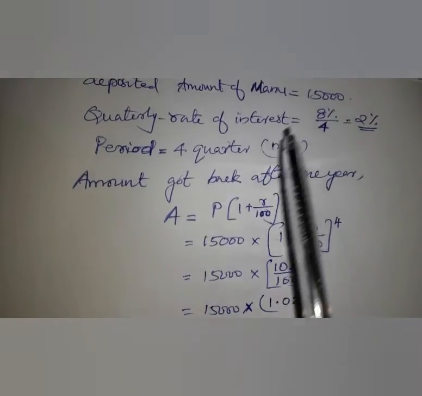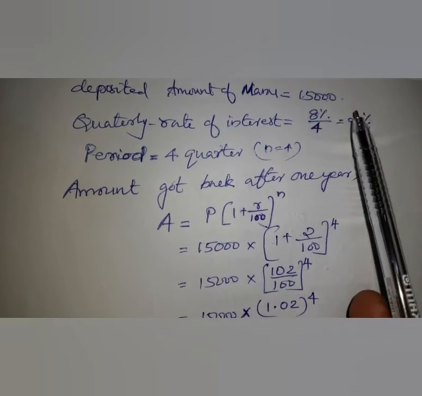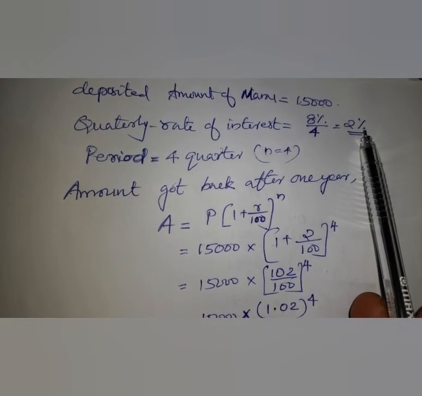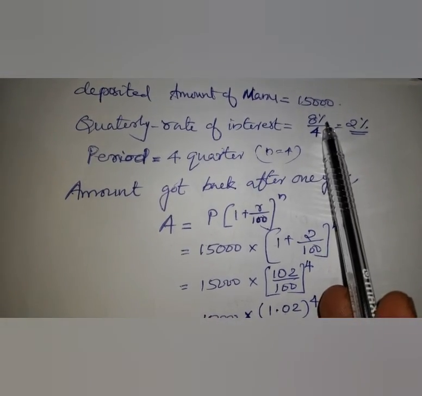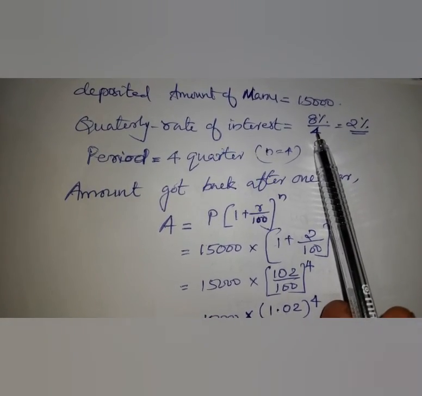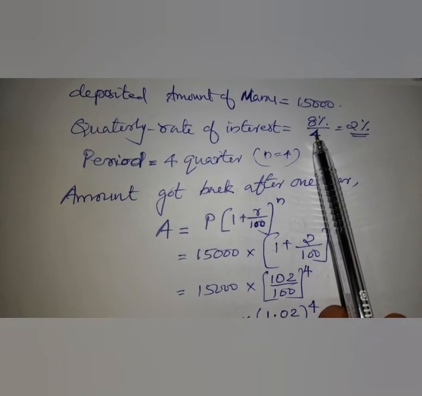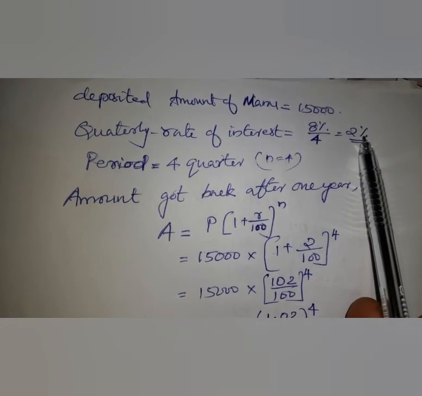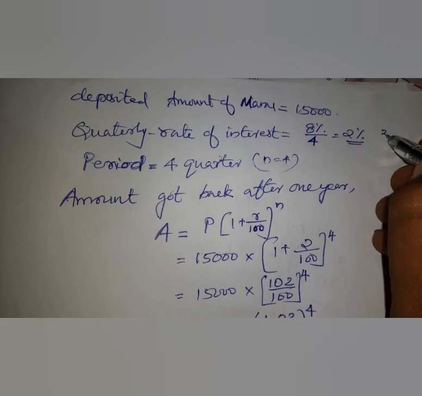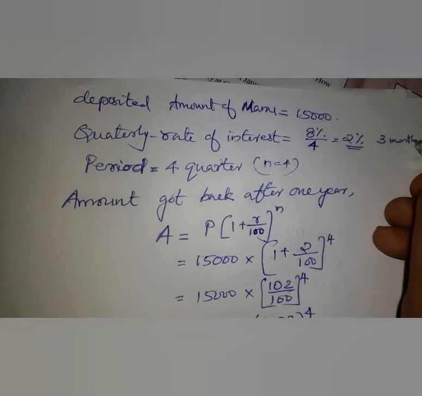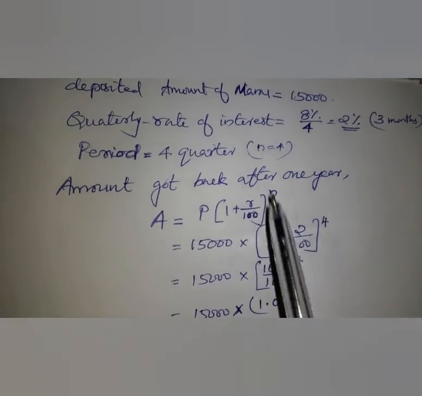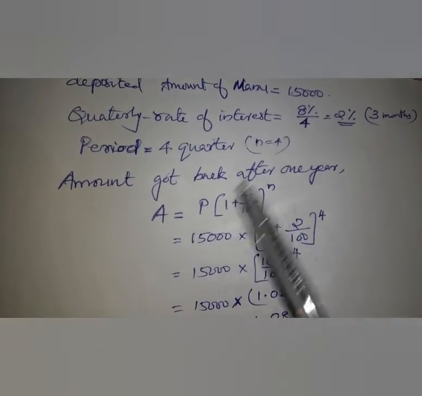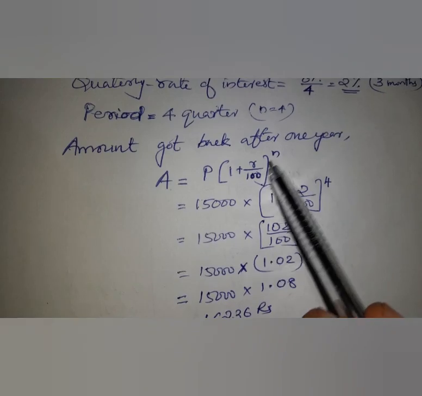So the principal amount is 15,000, and the rate of interest is 2%, because the rate of interest is calculated quarterly from 8% annual. So in 1 year there are 4 quarters. 8% by 4, you are getting 2% every 3 months. So N is 4, and A is equal to P into 1 plus R by 100 raised to 4.